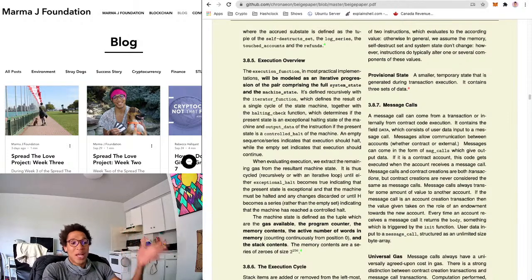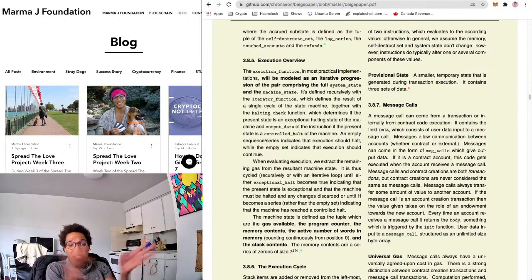Or what has to happen is H becomes a series rather than an empty set. What I would assume that means is that this H, I didn't even say what H is. I'm guessing H is in the original paper. Maybe H is a series of hashes or a series of something.